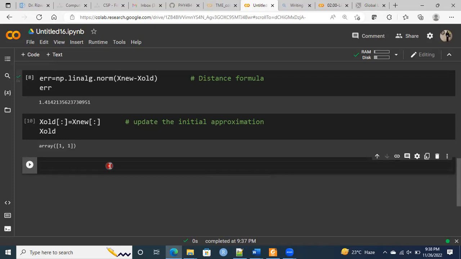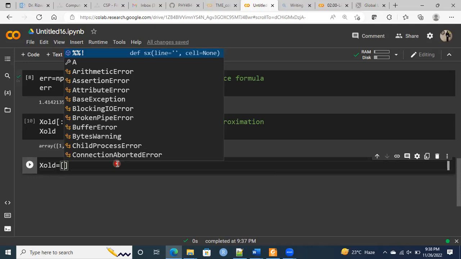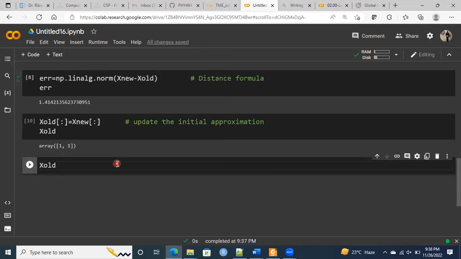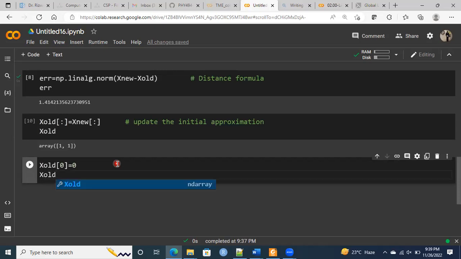So I write again. I will set x old equals, okay, x old of 0 equals 0 and x old of 1, it's again 0.